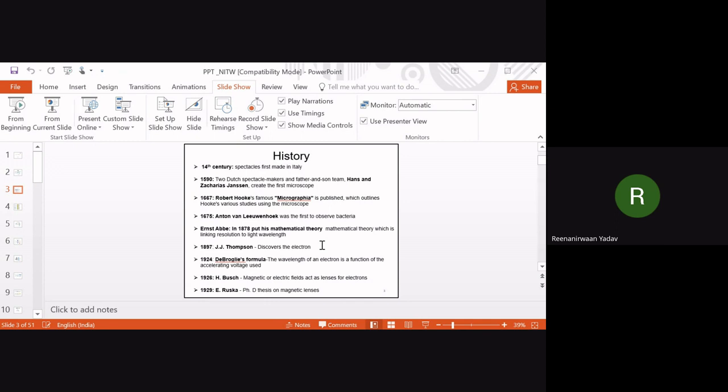So if we use a higher accelerating voltage, we can decrease the wavelength and increase the resolution. In 1926, Busch made the first electromagnetic lens, discovering that we can focus or deflect the electron beam using electromagnetic lenses. And in 1929, Ernst Ruska completed his PhD on electromagnetic lenses.